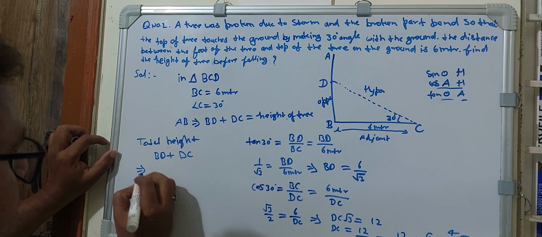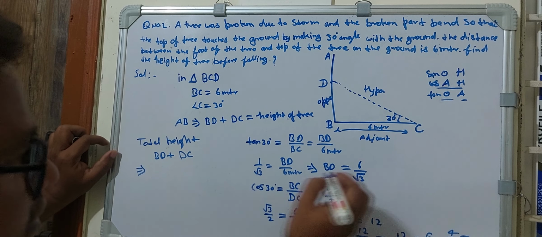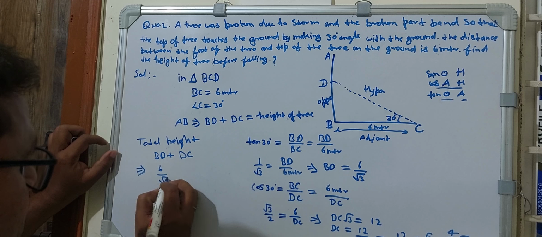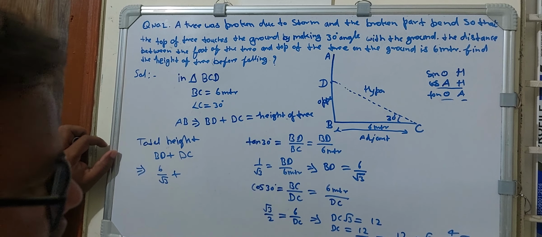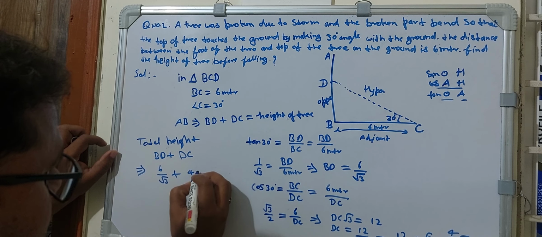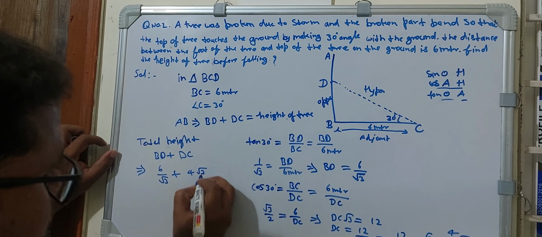Okay, implies that BD is 6 upon root 3 plus DC is 4 into root 3, right?